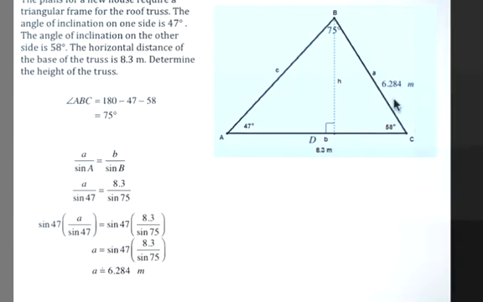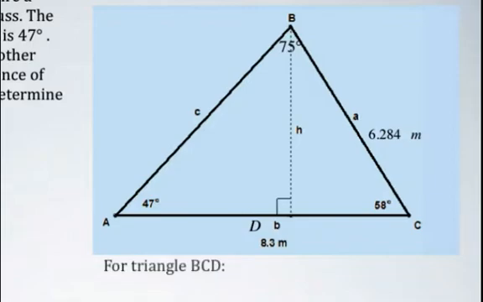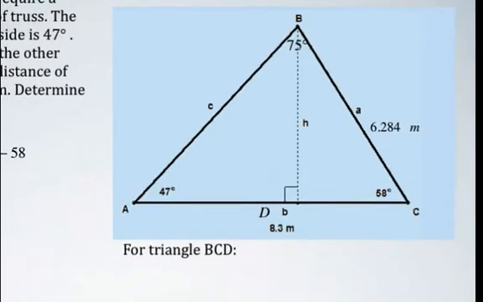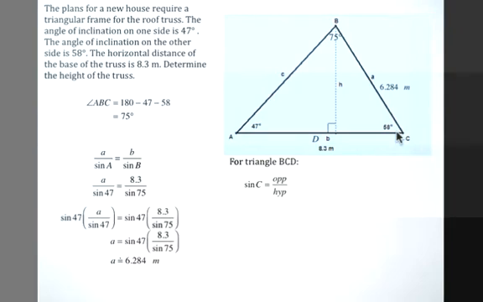So we can label this side. And remember, we have to find the height of the truss. So what we can do now is make use of the primary trig ratio because we have a right triangle, triangle BDC, where this point where this intersects is point D. For triangle BDC, which is a right triangle, we know that sine of angle C is opposite over hypotenuse.